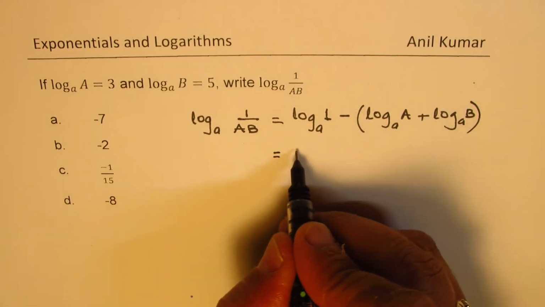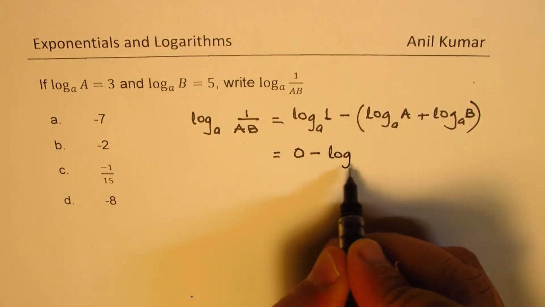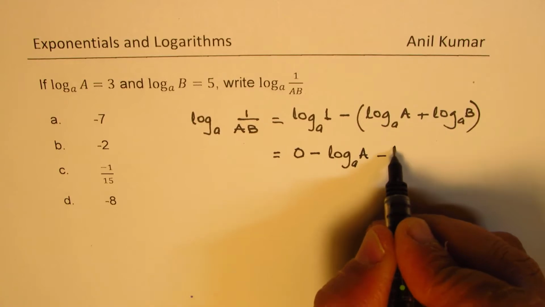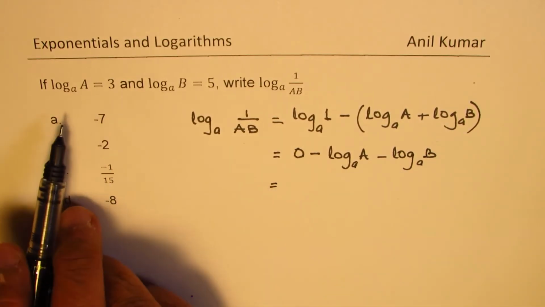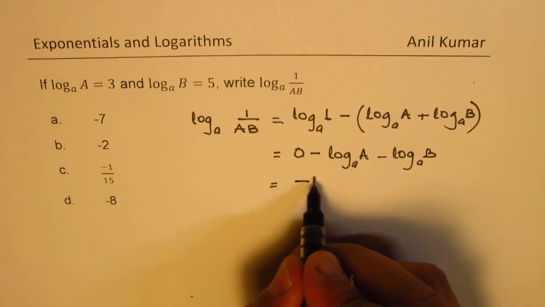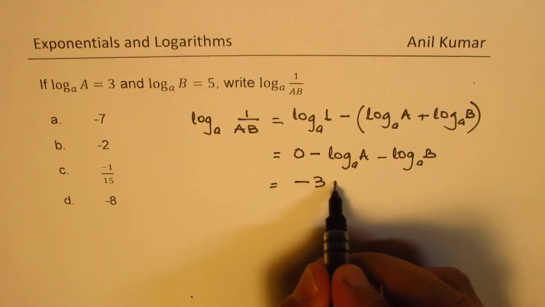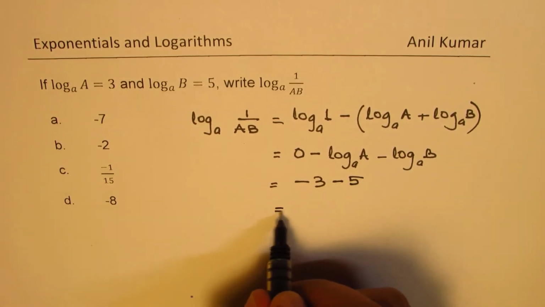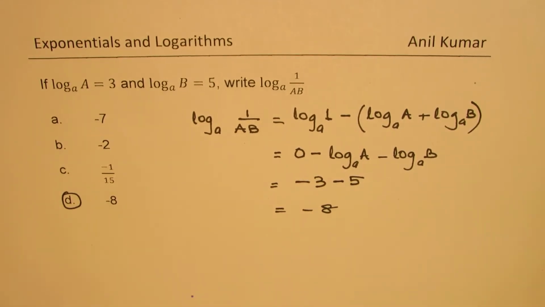So log of 1 is always 0. And what we get here is log to the base a of a minus log to the base a of b, right? Now we are already given that log to the base a of a is 3, so we get minus 3, and that is 5, so minus 5. So minus 3 minus 5 is minus 8, so option D is the right option.